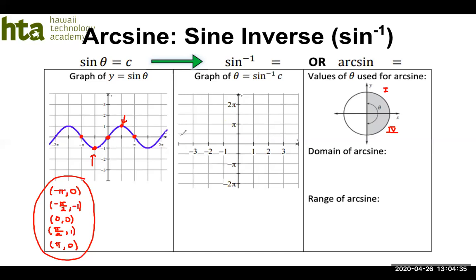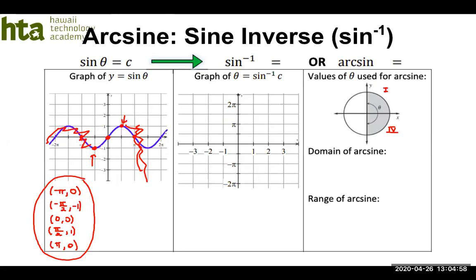If it's anything larger than pi/2, we're not going to use it, so nothing in this area. And if it's anything less than -pi/2, then we're not going to use it, so anything over here is also gone. Sorry, let's carve that out. We're only focusing on this area right here.